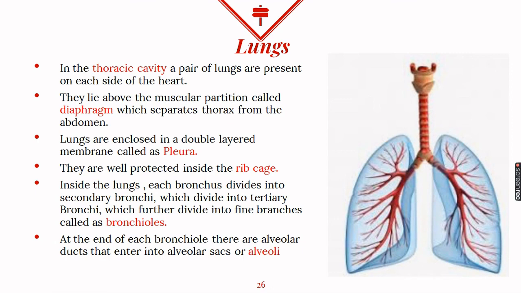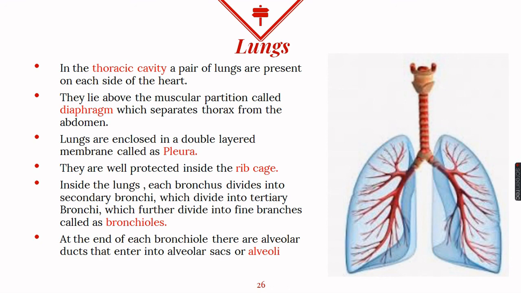Now inside the lungs, these bronchi divide into further branches which are called as secondary bronchi, and when secondary bronchi further divide, they are called as tertiary bronchi, and tertiary bronchi further give out the branches which are called as bronchioles. Now this is not the end. Bronchioles then further divide to form alveolar ducts, and at the end of the alveolar ducts there are alveolar sacs or the alveoli which are balloon shaped.